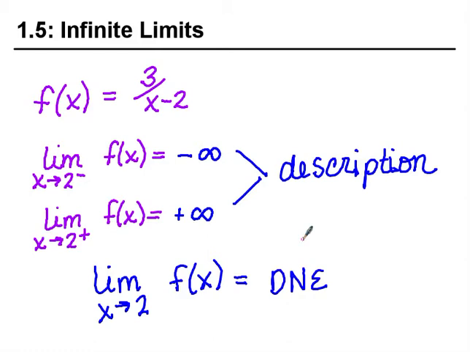Follow the line. Oh, it's not the same on both sides. The reason this is a DNE is because this is negative infinity and this is positive infinity. The limit from the left does not equal your limit from your right. Now, if this would have been negative infinity right here, your answer would have been negative infinity. So, in order for you to have an answer there, your limit from your left has to equal your limit from your right. Okay, are we clear on that?